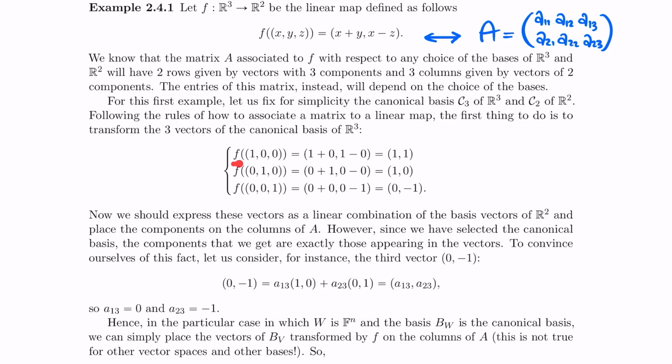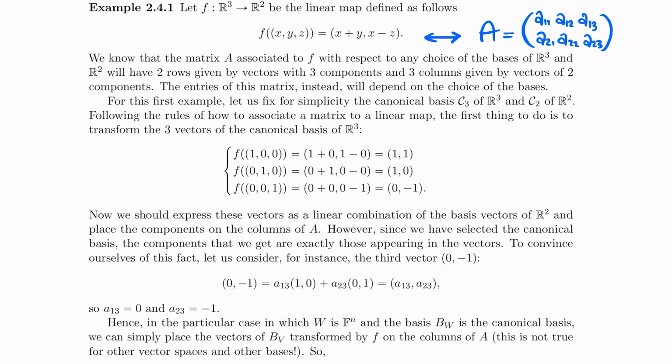So we write f of (1, 0, 0), f of (0, 1, 0), and f of (0, 0, 1). Then, in order to find the images of the basis vectors of C3, we just replace the generic components x, y, z that are written here by the components of the vectors of the canonical basis. We find these expressions here, and by performing the computations, we find the vectors (1, 1), (1, 0), and (0, -1).